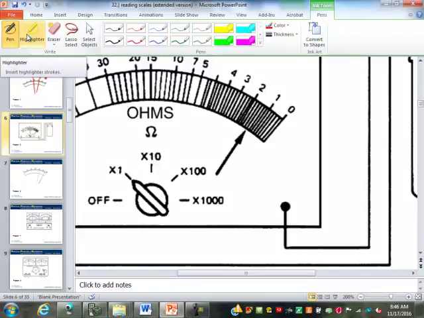I know it's not easy in there. One of the problems with analog meters is the lines are too close. Well, the lines are pretty close here. But if you count, there's 1, 2, 3, 4, 5, only 5 lines in between there. So there's 6 spaces between 1 and 2.